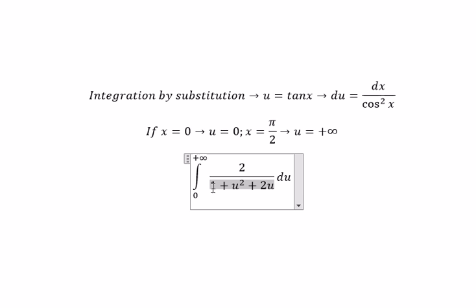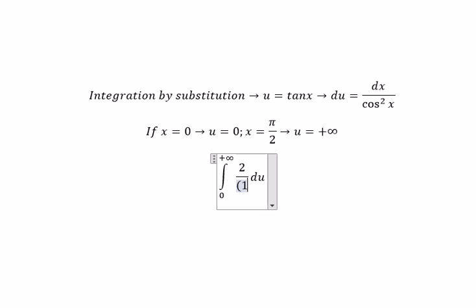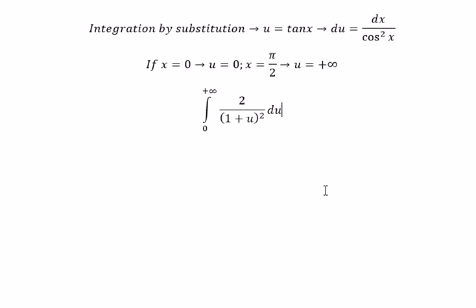And now this one just like this, and you get negative 2 over 1 plus u, and we put the limits in here.